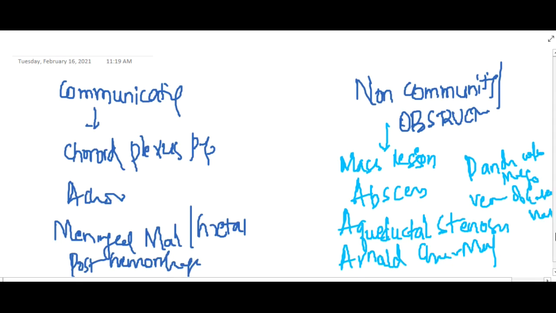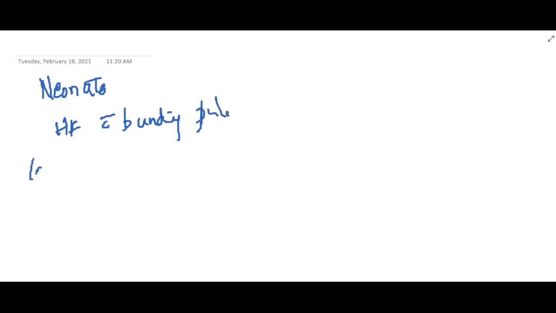Okay. Now, I will give you a scenario. Please identify the disease. There is a neonate who is suffering from heart failure with bounding pulses, and this neonate has a large and bulging anterior fontanelle.